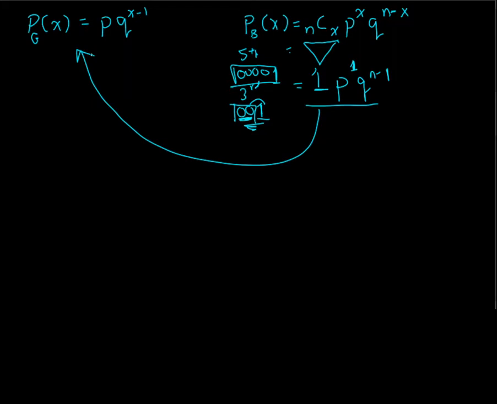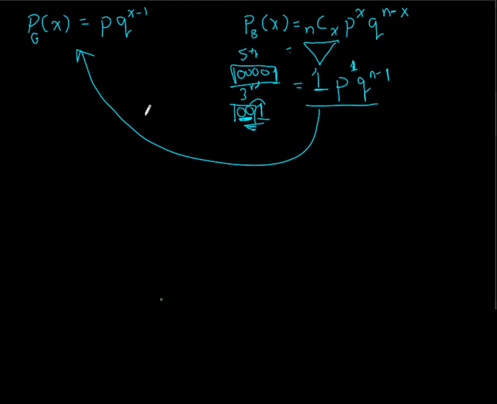In fact, the geometric distribution is a special case of the binomial, with the number of trials now being your variable. In the geometric, we're asking: what is the chance that the 20th trial is the first success? Or that the 5th trial is the first success?